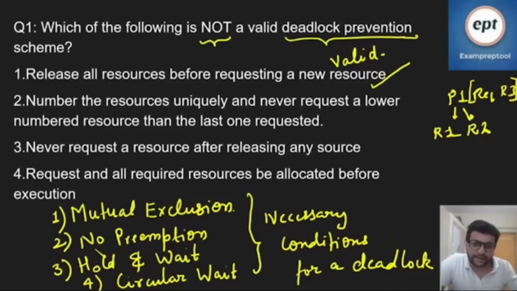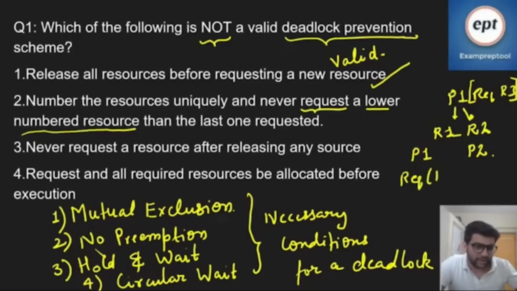The second option says number the resources uniquely and never request a lower numbered resource than the last one requested. Let's say we have a process P1 and a process P2, and we are not allowing a process to request a lower numbered resource. So let's say P1 wants the resource R1 and P2 wants a resource R2.